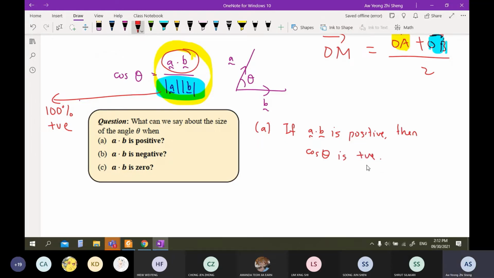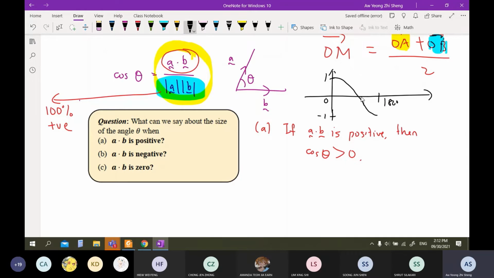Right, so when cos theta is positive, and by the word positive I mean strictly more than 0, then cos theta is strictly more than 0. If you refer to the cos function, I only consider until 180 degrees. This is a cos function from 1 to 0 to minus 1.